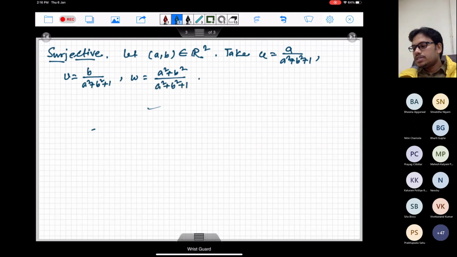First of all, you can check that the triple (u, v, w), the way I have defined it, is a point on the sphere. And finally you can check that u divided by 1 minus w equals a, and v divided by 1 minus w equals b.